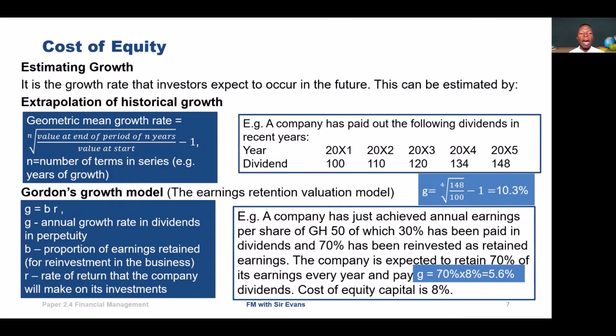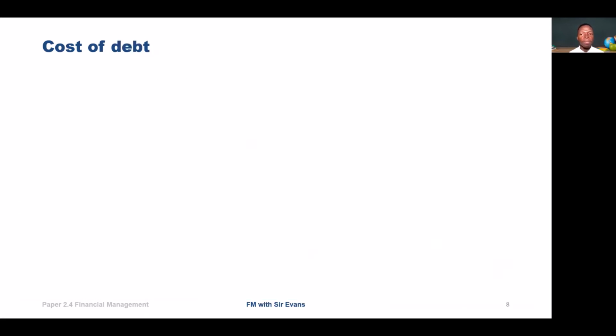Okay, so these are the various methods you can use to compute the cost of equity. Now we will move to the cost of debt. First of all, we'll start with the cost of irredeemable fixed rate debt. These are bonds which are irredeemable, and they will also return fixed interest at the end of each period.